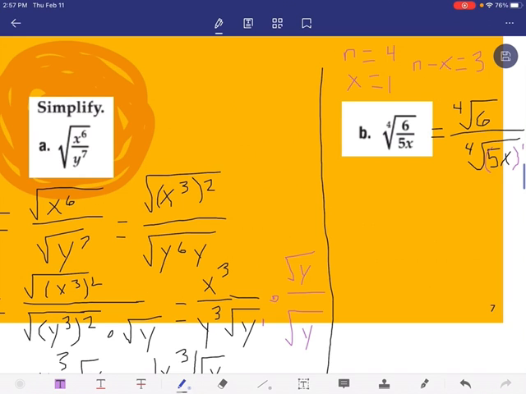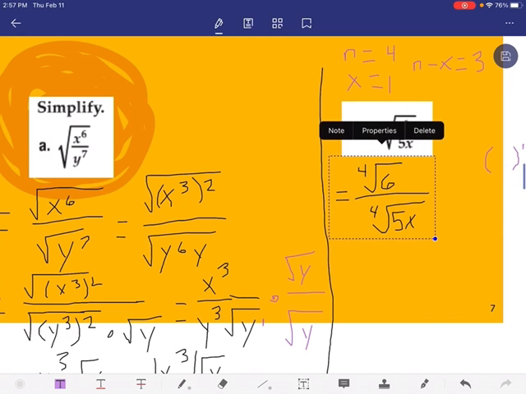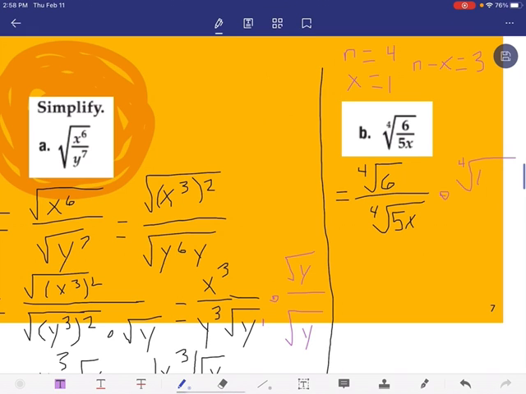So that means that we need to take what we have and we're going to multiply that now by the 4th root of 5x to the 3rd power.